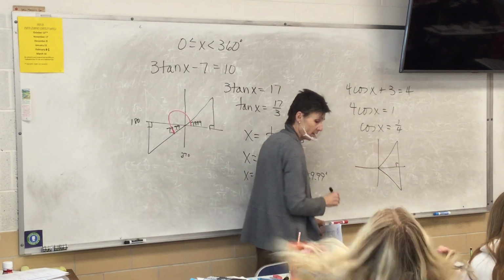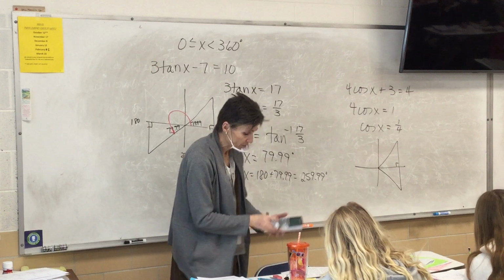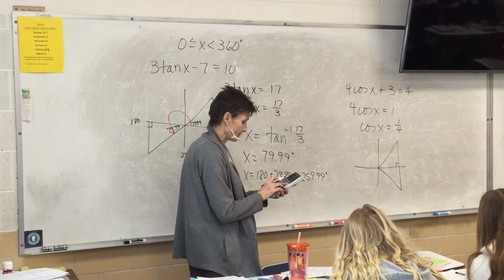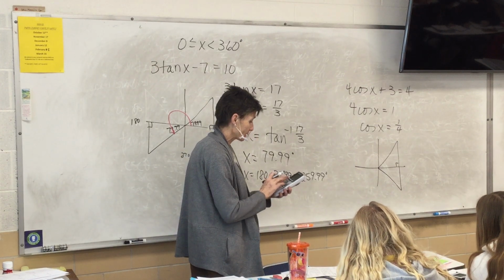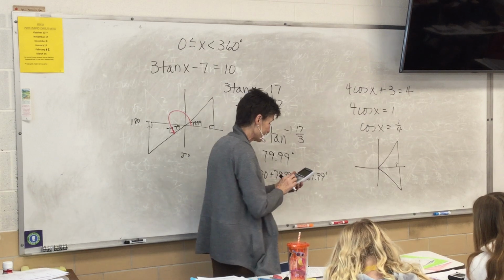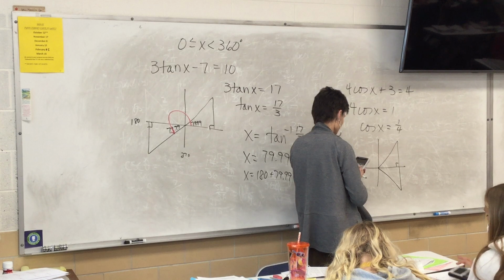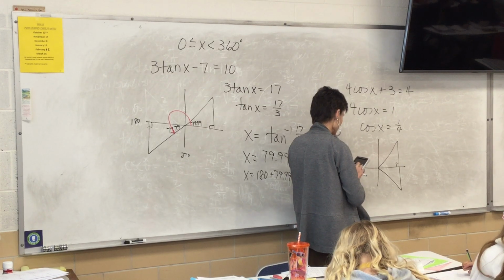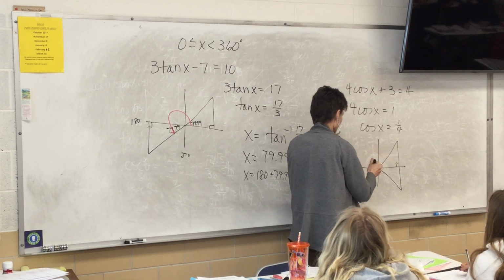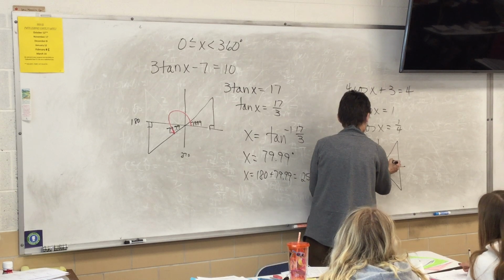Okay, so now I'll go to my calculator. Set it in radians, and then second cosine 1/4. Everybody okay with that? And I got 1.318.